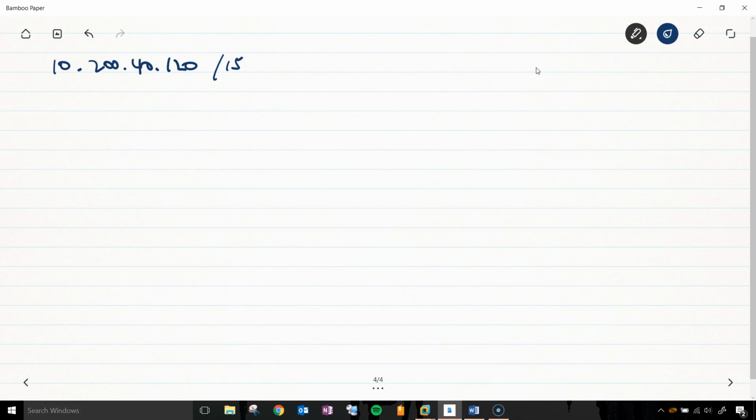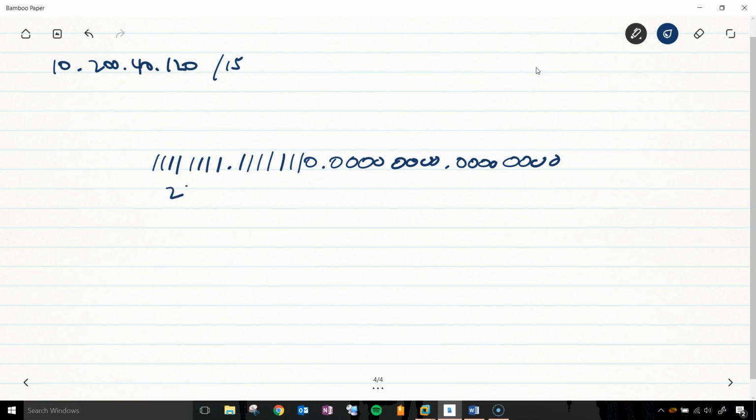So the first, we have 1, 2, 3, 4, 5, 6, 7, 8, 9, 10, 11, 12, 13, 14, 15. Okay, so that is the subnet mask written out in binary. We know this converts to 255. These are obviously zeros. So we just need to figure out what this is.